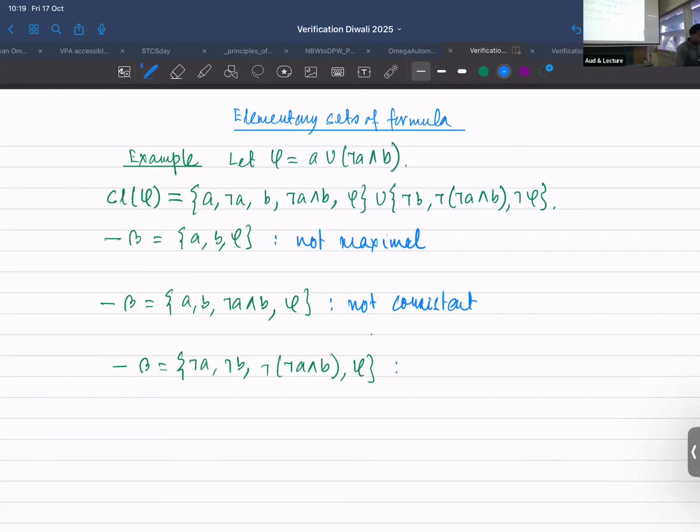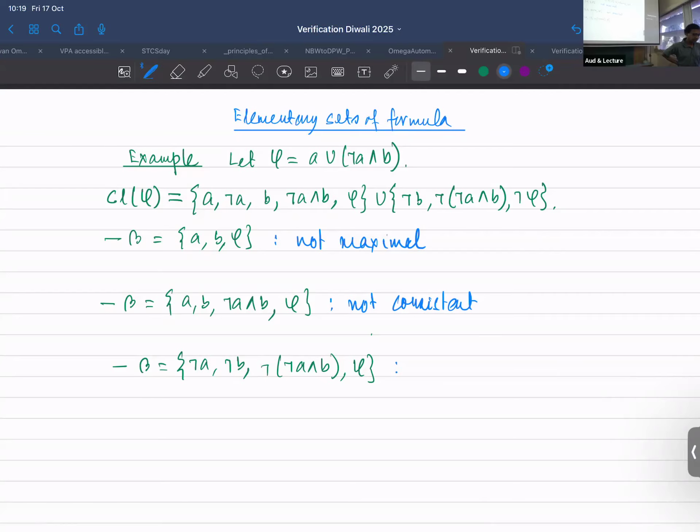What about this one? It is also not consistent because we have not a and not of not a and b.